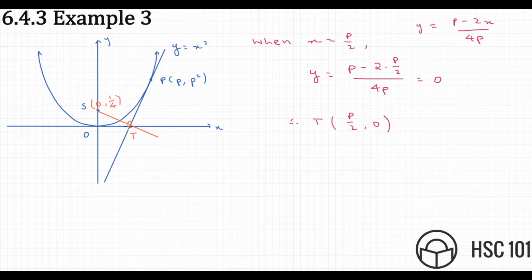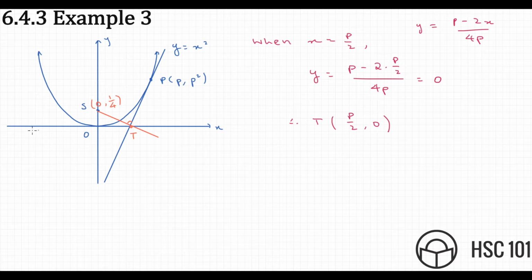Now, if I want to find the locus of T, the x value is p over 2, but the y value is always 0. So what this is saying is that no matter where P is, as P moves around on the parabola, the resulting intersection between this perpendicular line and the tangent is always going to give me this point which lies on the x-axis, or in other words, where y equals 0.